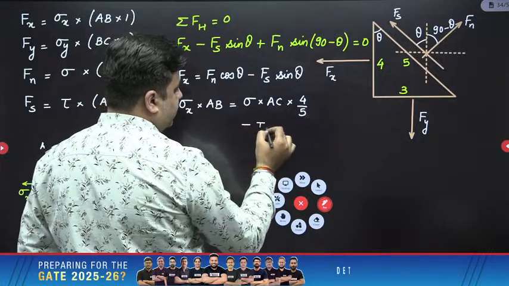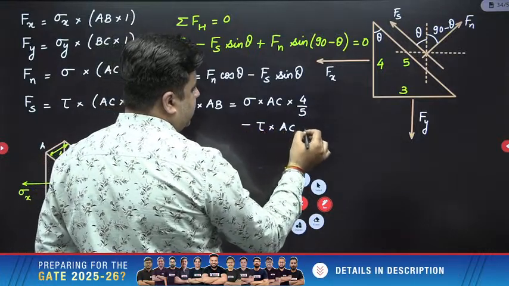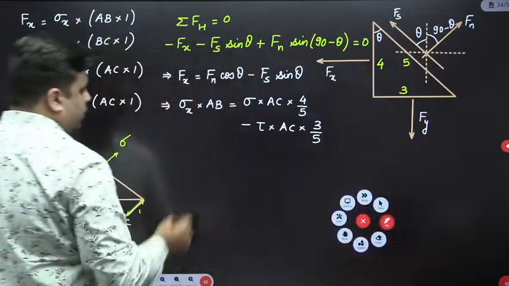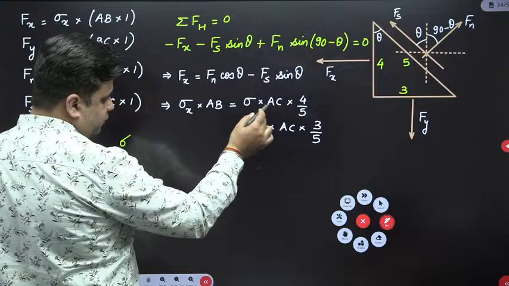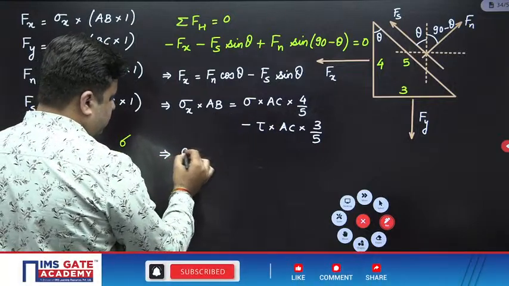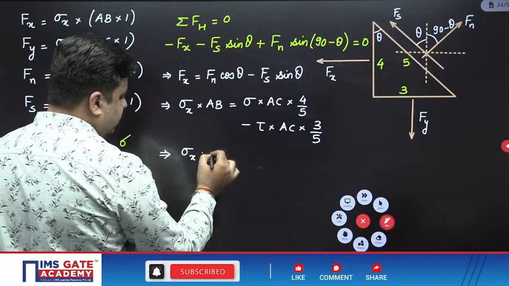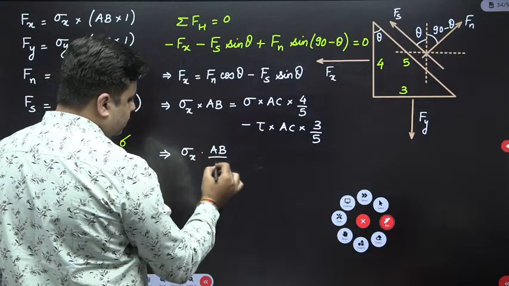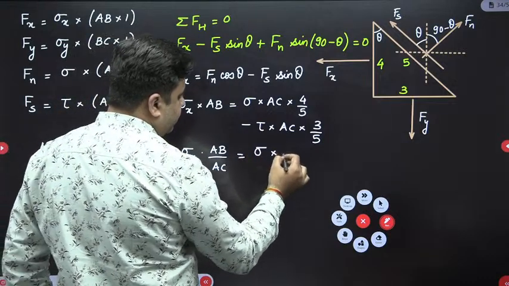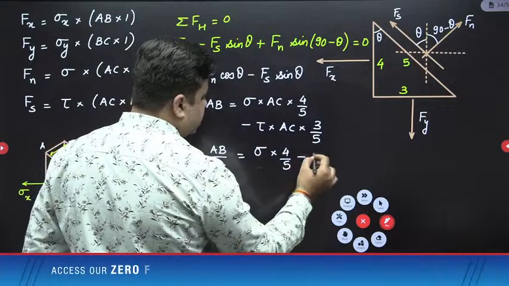Fs is tau into AC into sine theta, which is 3 by 5. Take AC common and divide here. So sigma x into AB by AC is equal to sigma into 4 by 5 minus tau into 3 by 5.